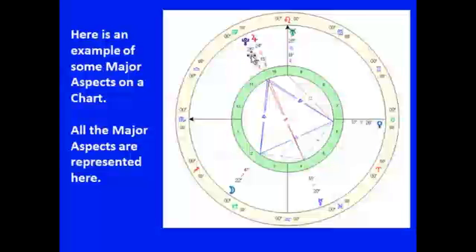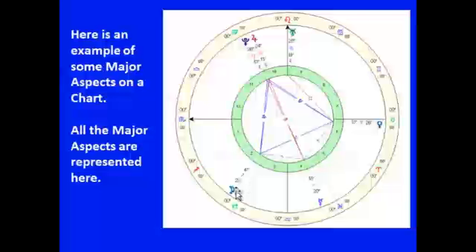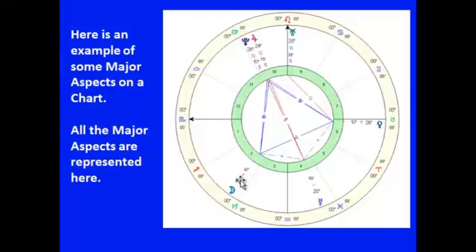So Pluto here is almost 27, and the moon is almost 23, so that would be about a 4-degree difference. And then the moon at 22:47 is trine Venus at 26:57. If we rounded this to 27 degrees and the moon to 23, there's about a 4-degree difference between the moon and Venus. I'll explain why this is important in just a minute.